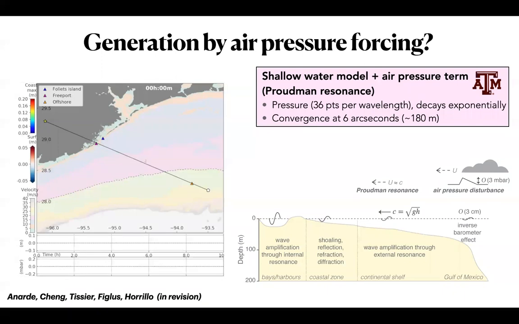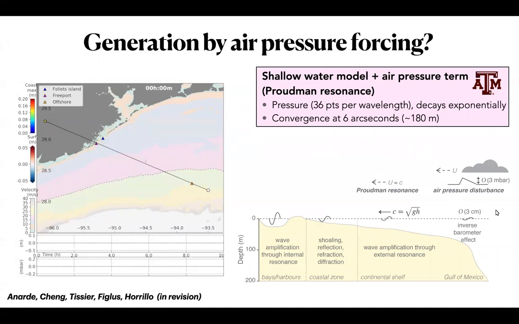To test whether or not these air pressure anomalies could generate meteotsunami, I worked with Wei and Wan at Texas A&M to test their shallow water model with an added air pressure term that can simulate Proudman resonance.